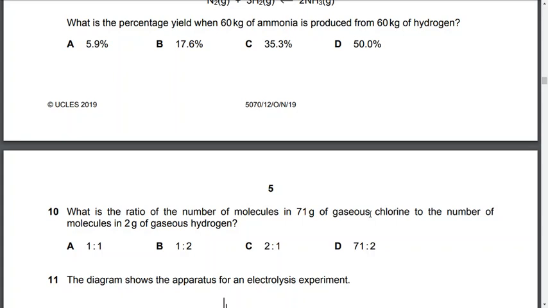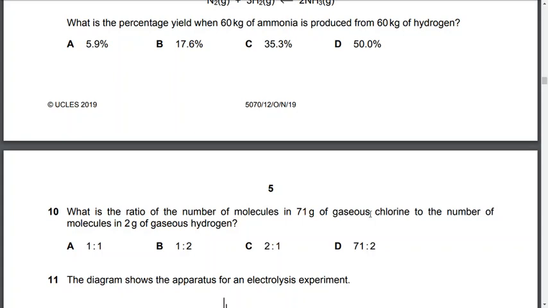When found in gaseous form at room temperature, they're diatomic. So 35.5 plus 35.5 is equal to 71 gram. That means one gaseous chlorine molecule that has 2 chlorine atoms in it combines to form a 71 gram mass.